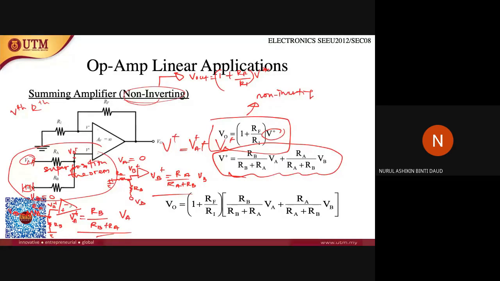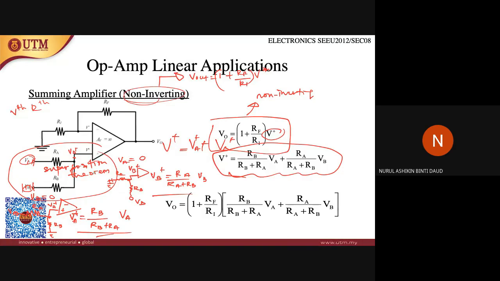So at this point, it will look like this, and V plus will be VA plus. You can solve this configuration and you will get RB over RB plus RA times VA. And then you have to consider another condition, where the VA voltage source is grounded or equal to 0.